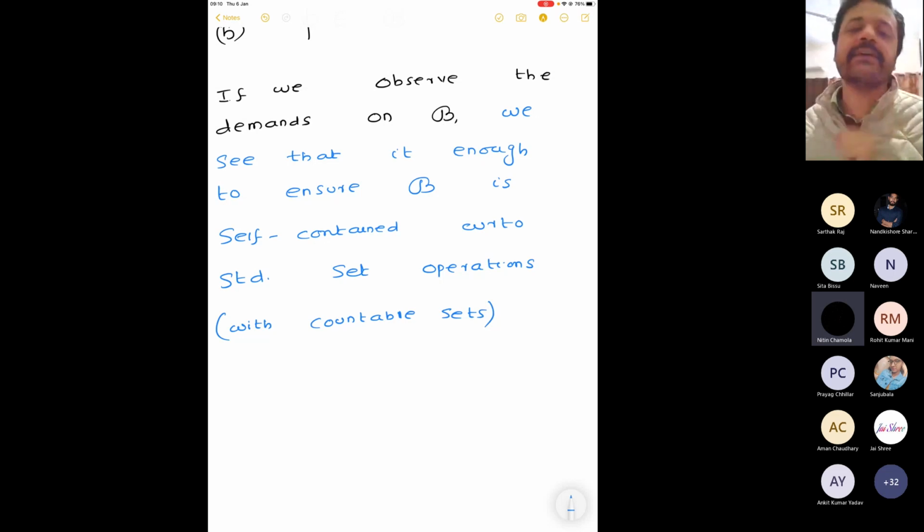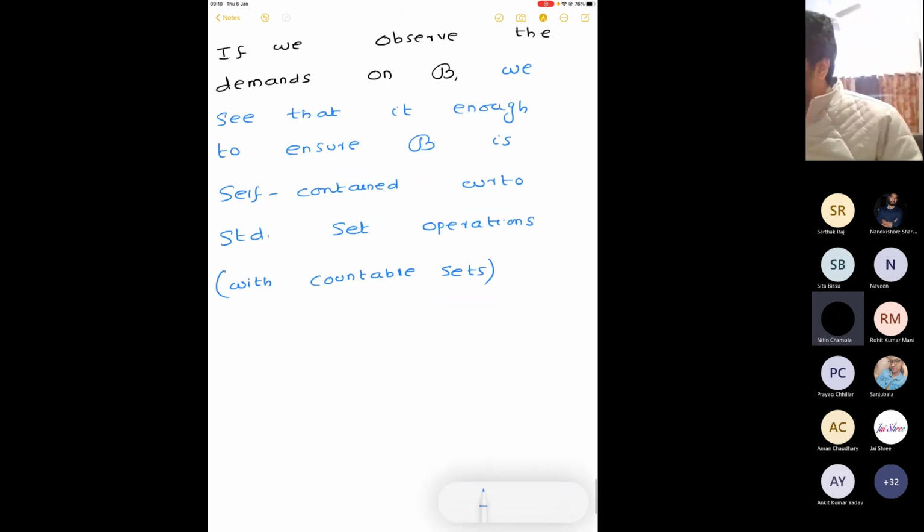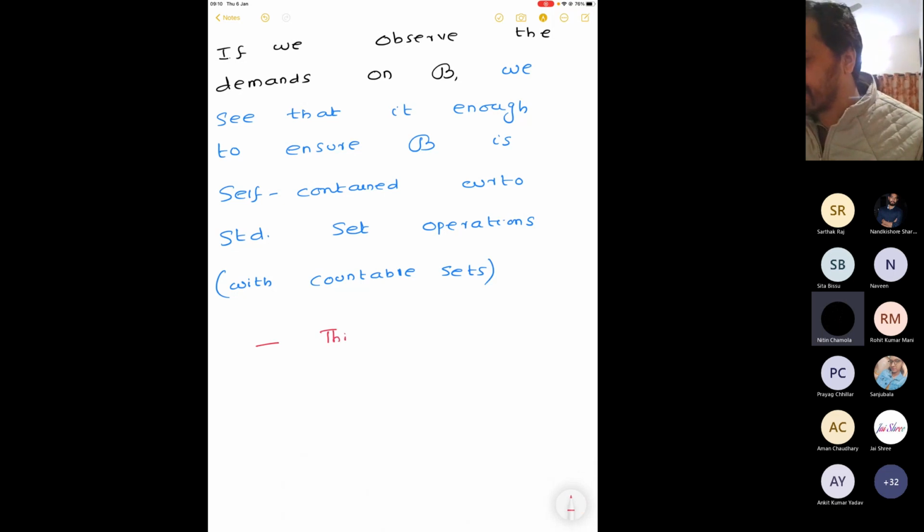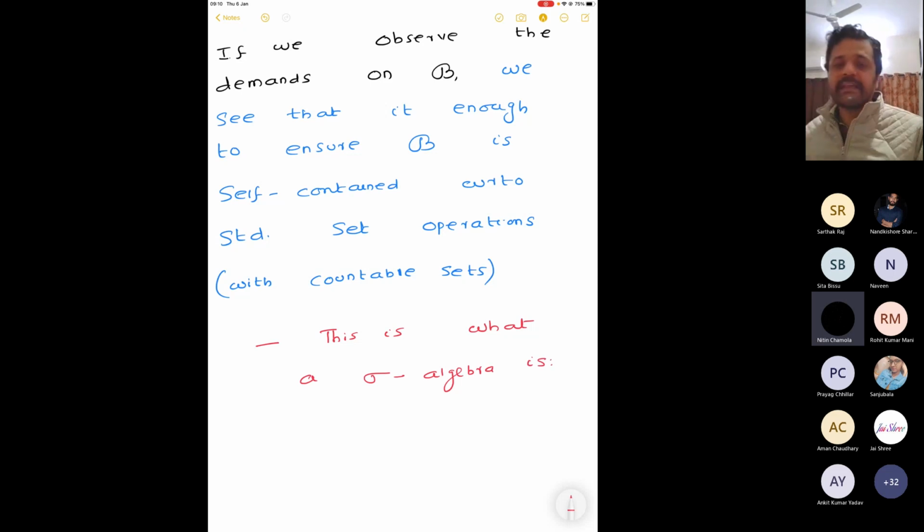And this is the concept of sigma algebra. Okay. This is what a sigma algebra is. So it naturally pops up. The sigma algebra concept is for defining a measuring system on an arbitrary set omega.